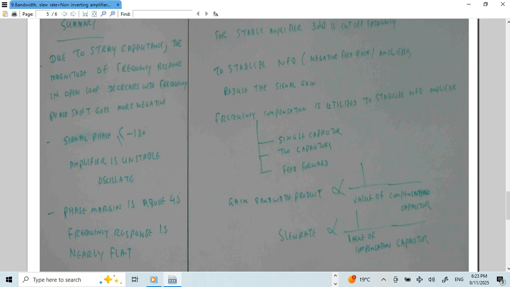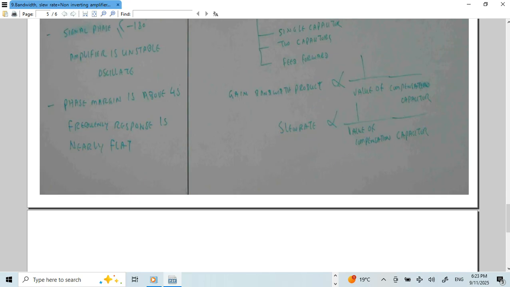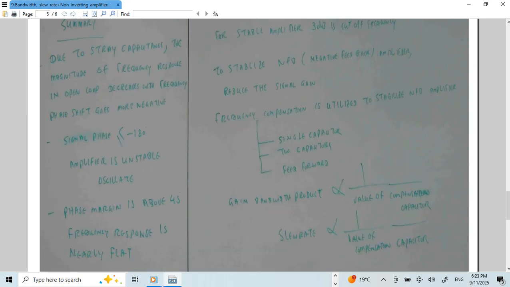In this relationship, the gain bandwidth product is inversely proportional to the value of the compensation capacitor, and also the slew rate is inversely proportional to the value of the compensation capacitor.